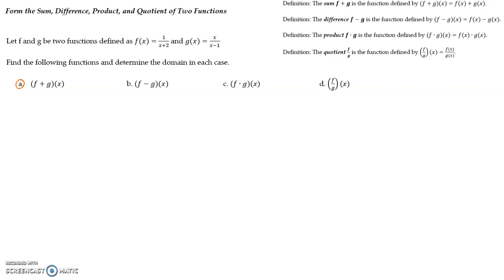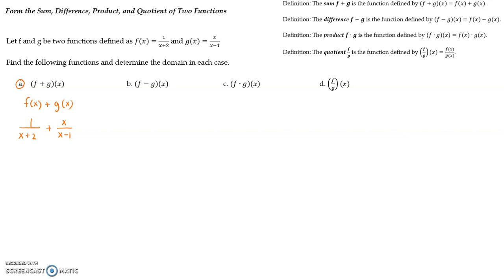Let's start with calculating the first one, which is f plus g of x. If we take a look at our definitions up on top, we can rewrite this as f of x plus g of x. So let's rewrite that with our functions. We're going to be adding 1 over x plus 2 with the function x over x minus 1.